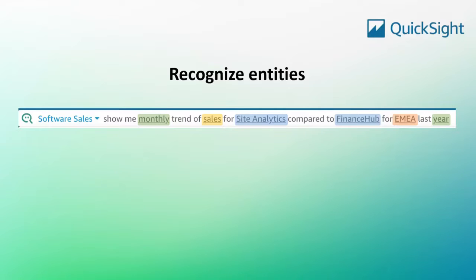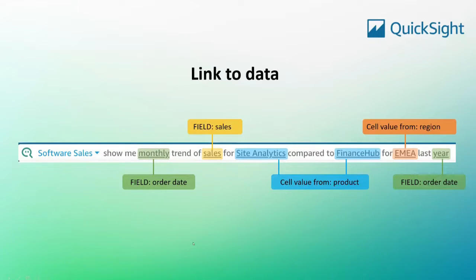These are not two field names, so it checks whether they are part of a field's values. For a better understanding, let me show you the next screen and how it is linking to the data. Here you can see monthly is a string that can be related to one of the date fields. Let's say order date is one of the fields available in the dataset, so it starts connecting that monthly part of the string to the order date field.